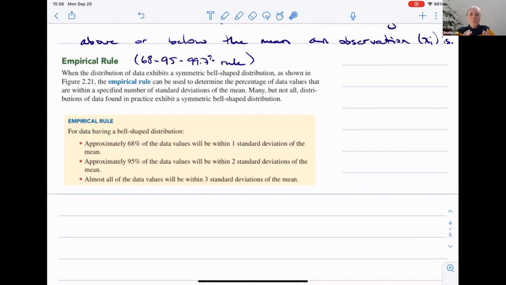If you move out 2 standard deviations from the mean, then you've covered the central 95% of the data. Whereas if you move out 3 standard deviations from the mean, then here they say almost all of the data, in fact, should be 99.7% of the data. But I think we can all agree that that is almost all of it. Sold.